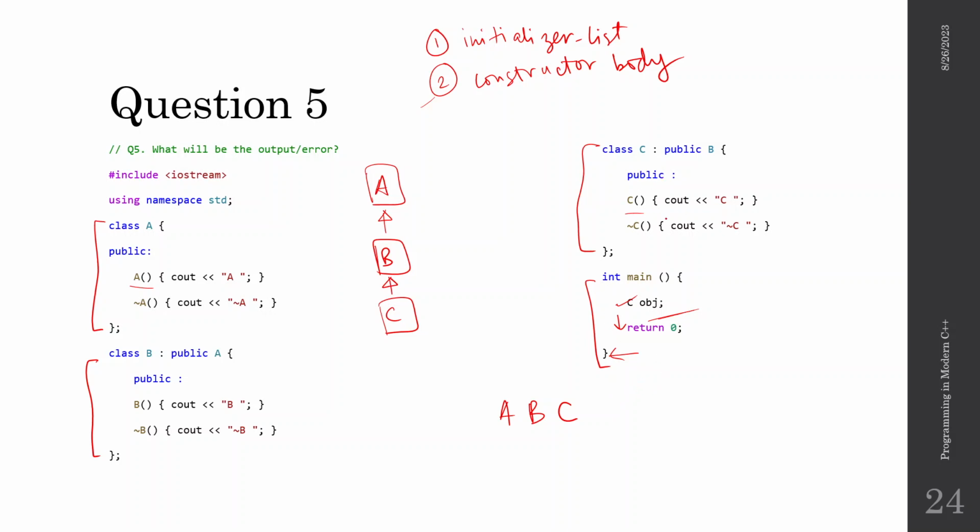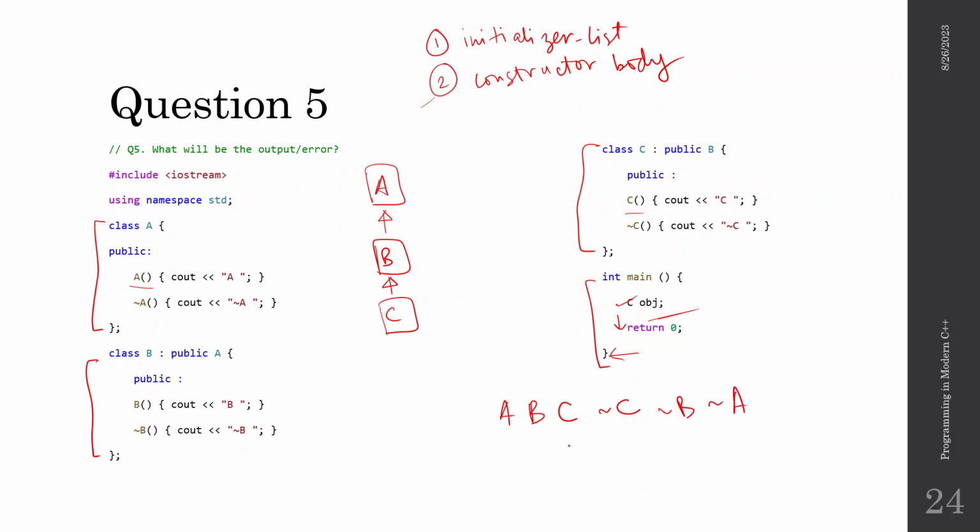First the C object will be destroyed, then it will call the destructor of the B class. Since the C object is destroyed first, it will print tilde C, then the B object's destructor will be called, then B will be destroyed and it will call the destructor of A class.